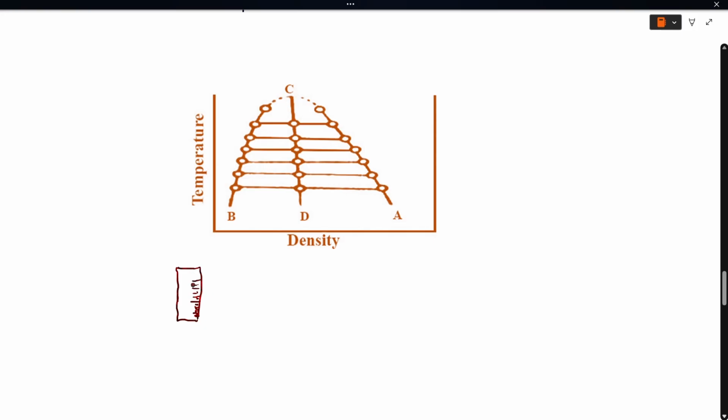Now, in that, I am going to take a particular amount of liquid. Let this be the liquid meniscus, and above that, we have a gas. The liquid taken is of a definite volume, and the volume is known.